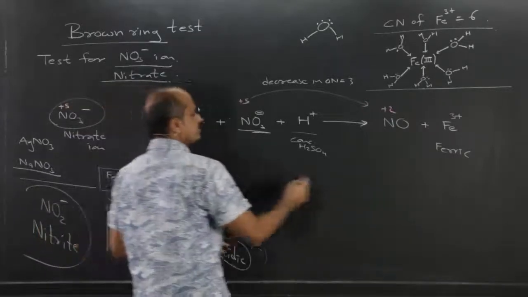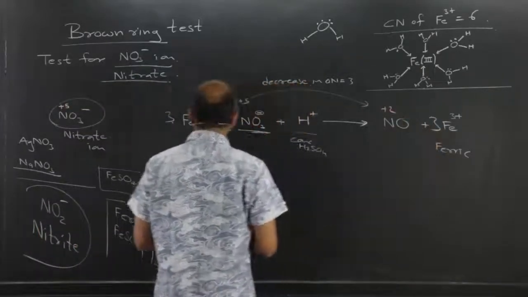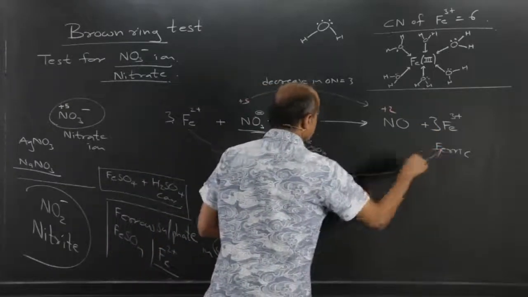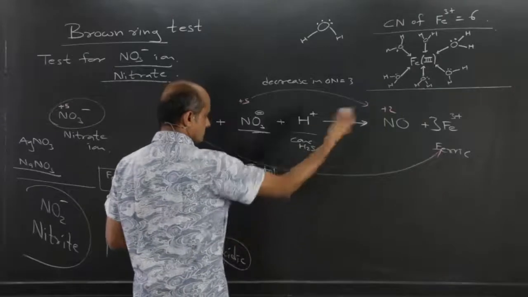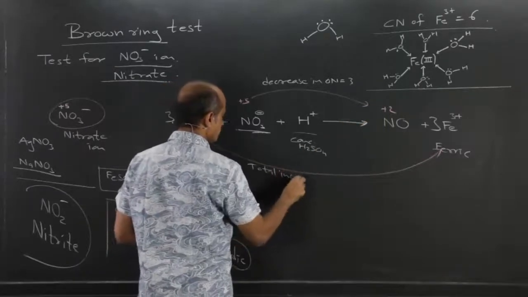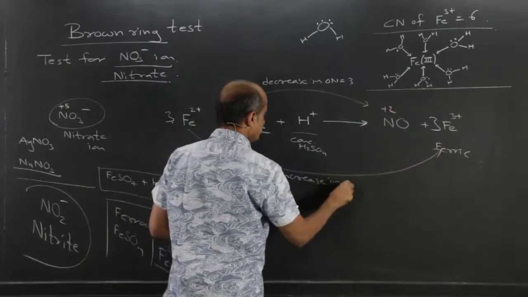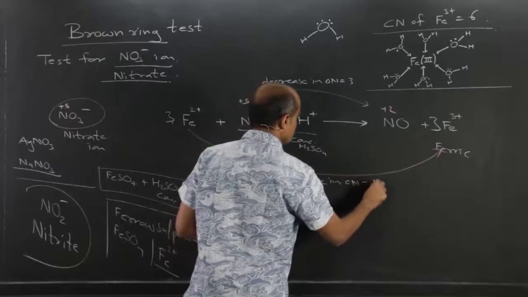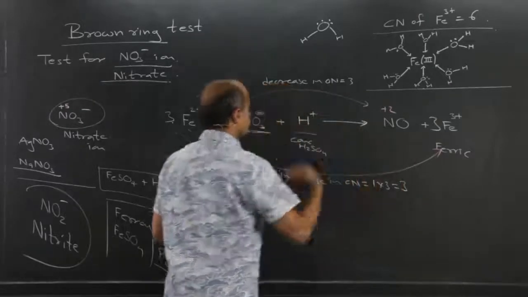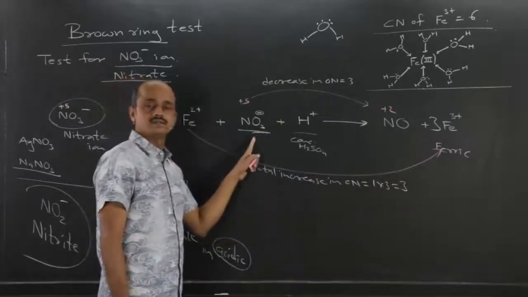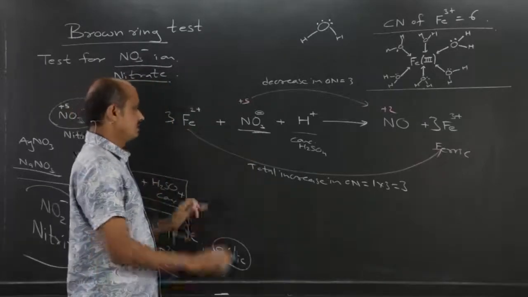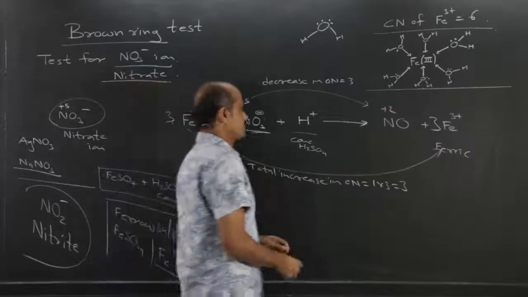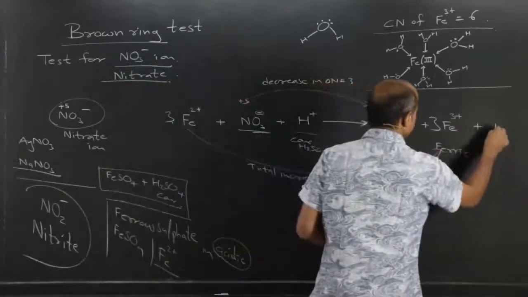If 3 ferrous change to ferric, the total increase in oxidation number is 3. So for one nitrate group, 3 ferrous ions are required. First, this much should be known, the remaining is water.